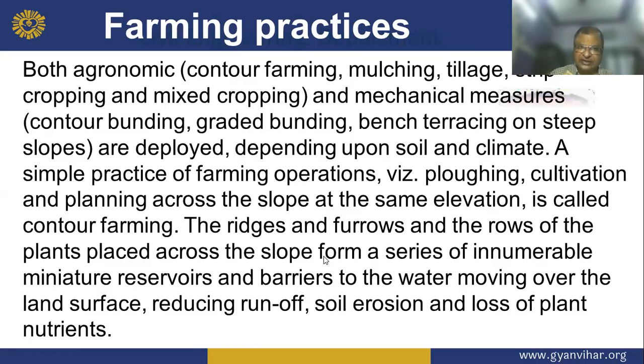A simple practice of plowing and cultivation across the slope at the same elevation is called contour farming, and the ridge and furrow and the row of the plant are so placed across the slope.